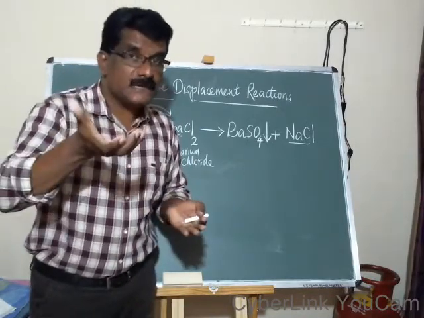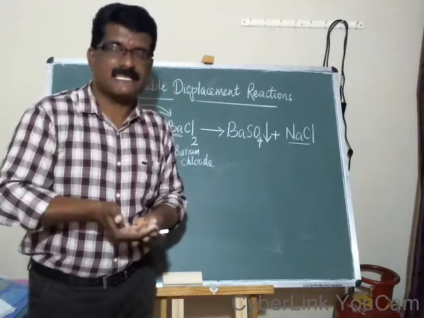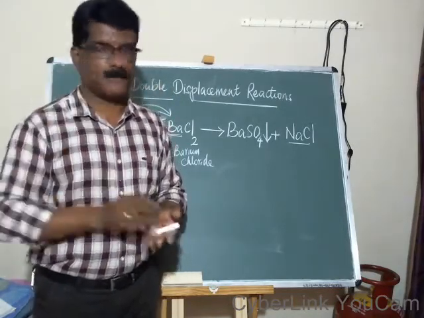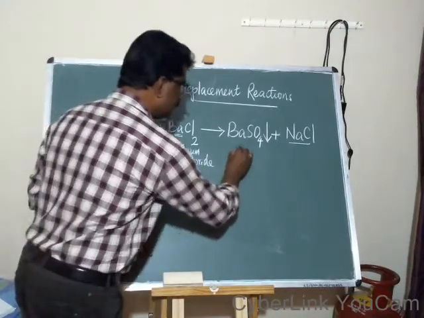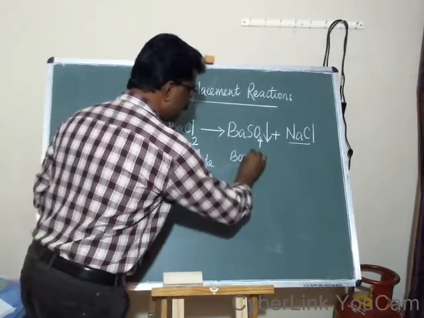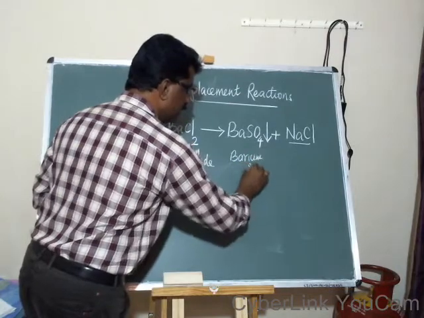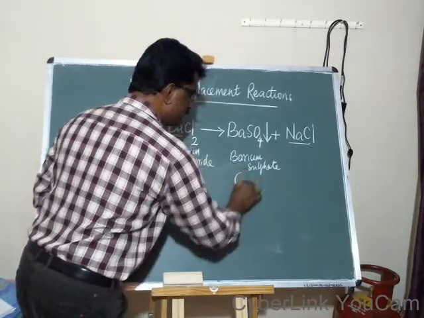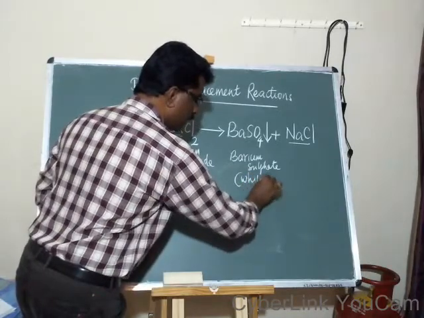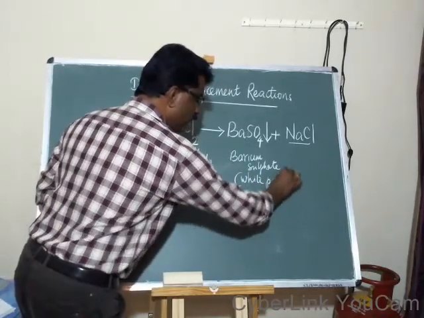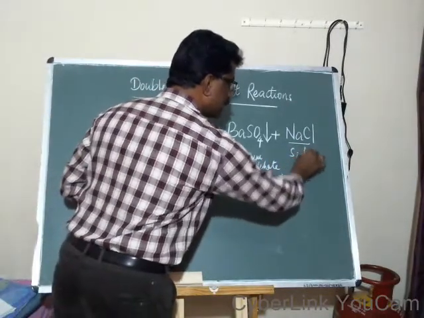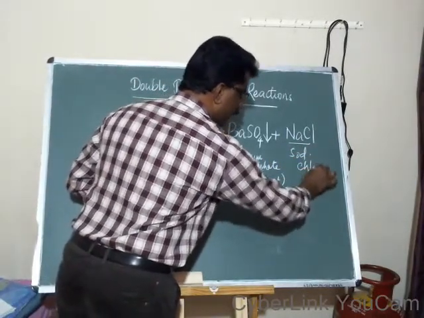So barium sulfate is a precipitate. It's a white precipitate. I am writing white PPT, white precipitate. And sodium chloride.